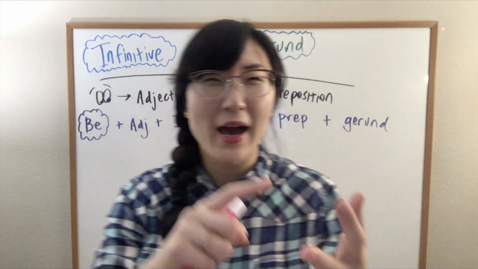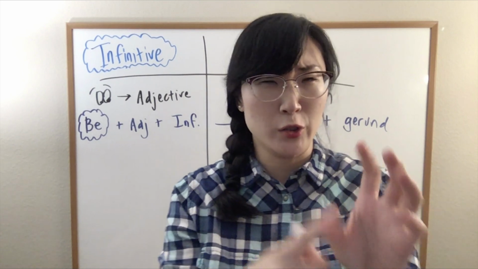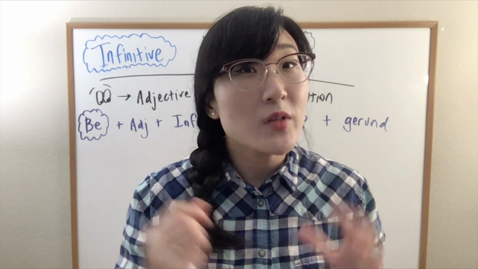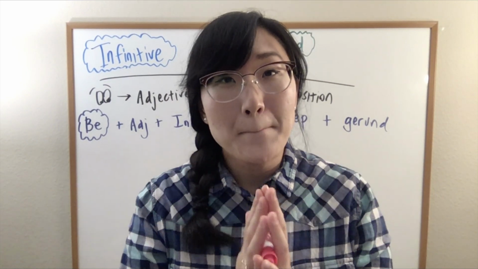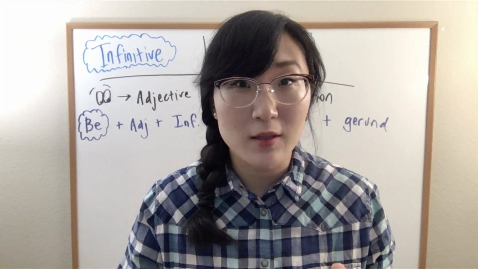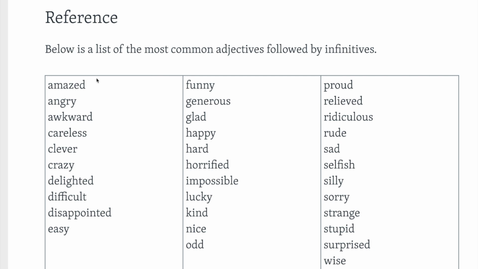Like happy, sad, brave, chatty, serious, funny, right? These are different types of adjectives that we have studied previously. But I have some more that I would like to share with you here. So we have amazed, angry, awkward, careless. So this is the opposite of careful, clever, crazy, delighted, difficult, disappointed, easy.